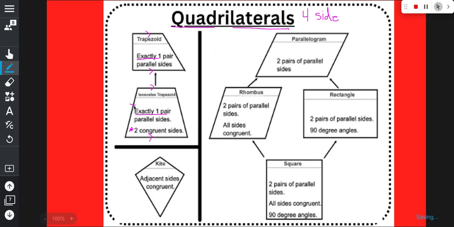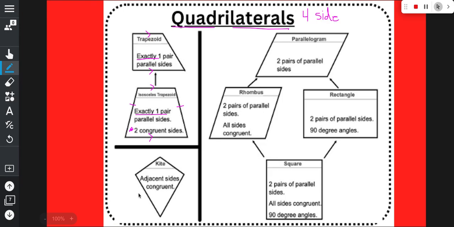We draw lines for congruency. Congruent, again, means the same. So an isosceles trapezoid is a trapezoid, but a trapezoid may not be an isosceles trapezoid. It has to have that definition. Both of these are quadrilaterals.